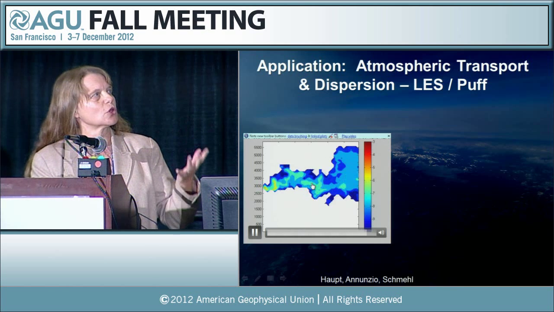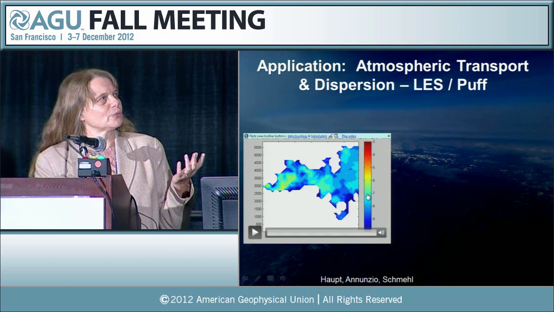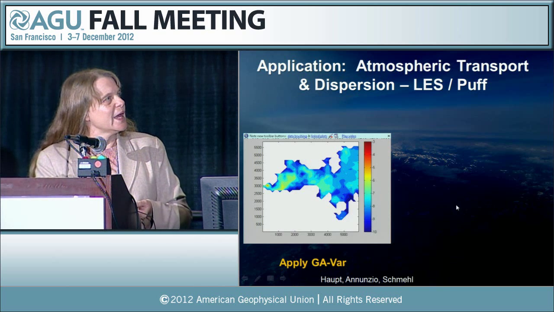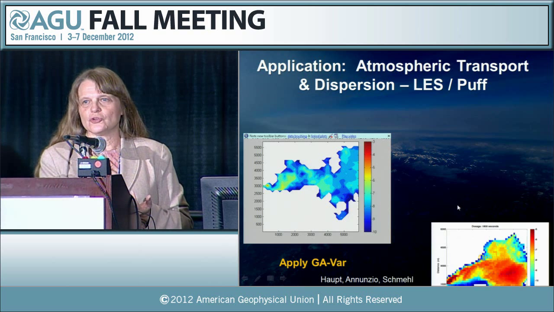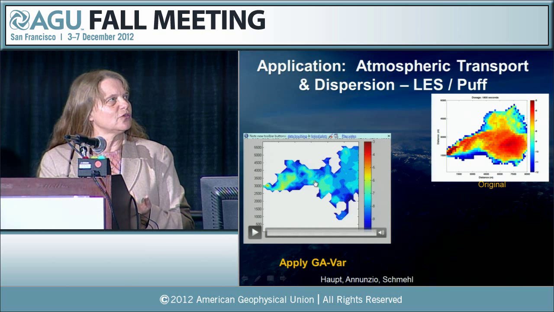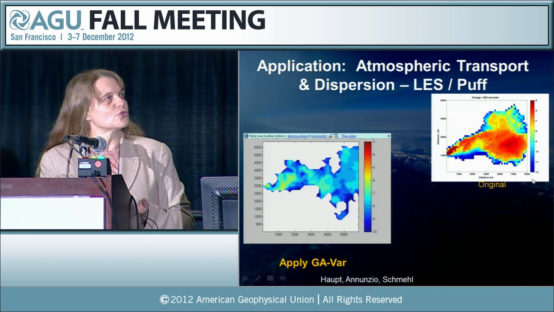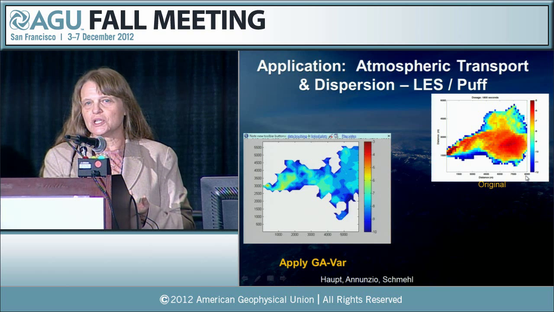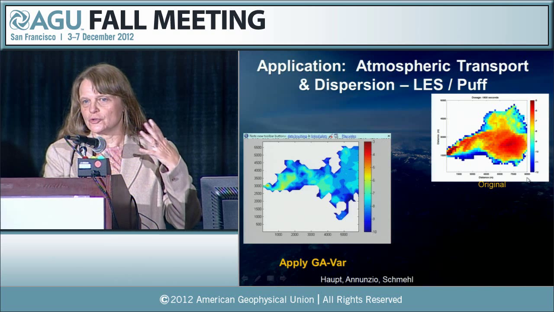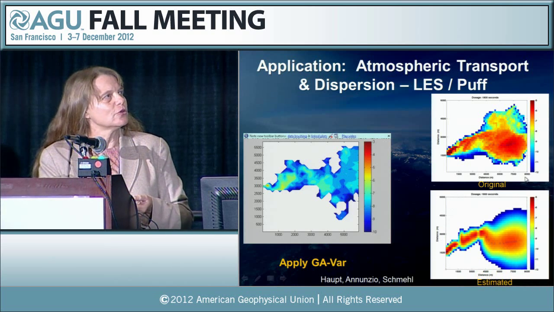Let's go back to the large eddy simulation where we have a meandering plume dispersion, but it's more realistic turbulence. And if we're going to apply the genetic algorithm variational technique again, so if we take the simulation, harvest a dosage at 1800 seconds, can we recover that by trying to match the wind direction, the dispersion in both the horizontal and the vertical?